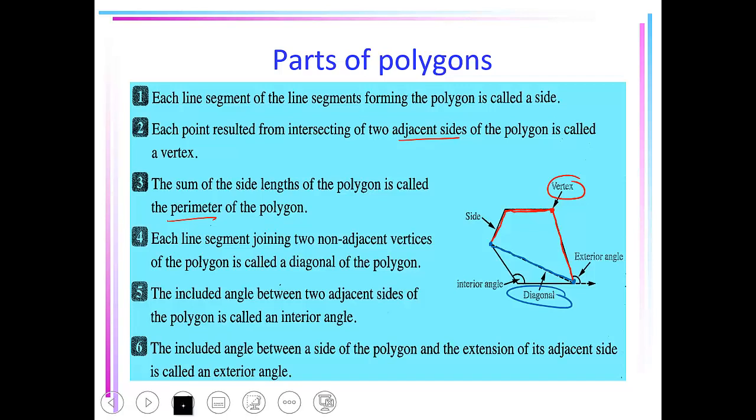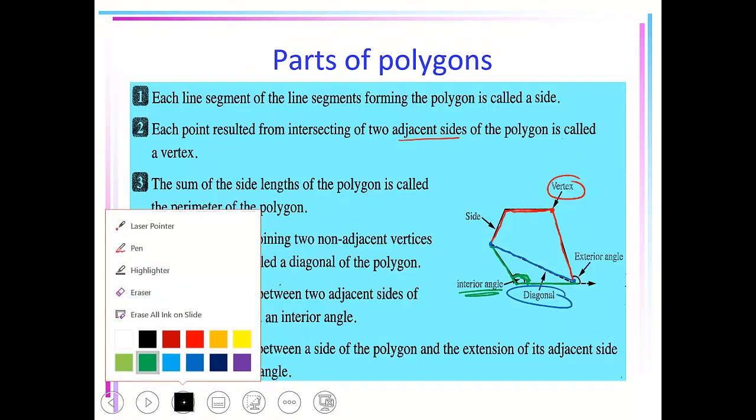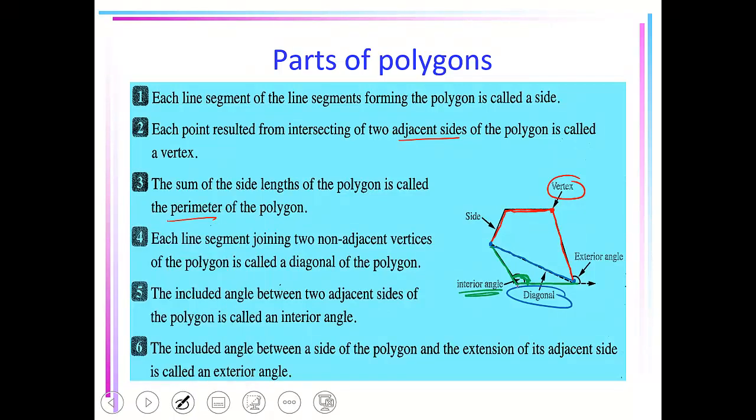Let's have a look here again and see those 2 adjacent sides. The angle included between them is called an interior angle. And if I come now here and extend this side, the intersection here forms an exterior angle.